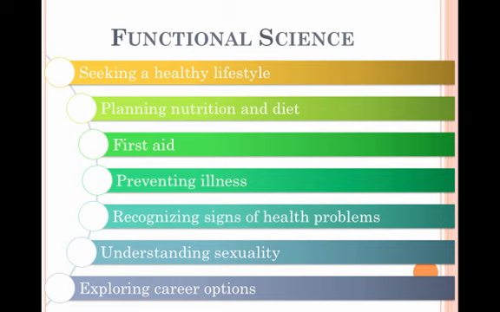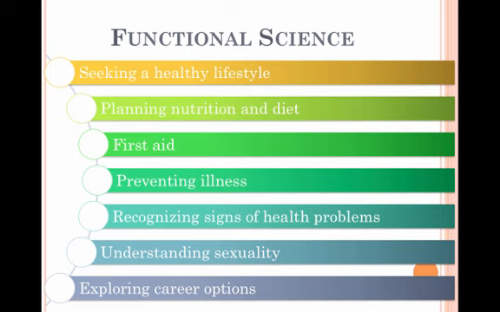Functional science, here's just some suggestions. Seeking a healthy lifestyle, planning nutrition and diet, first aid, preventing illness, recognizing signs of health problems, understanding sexuality, yes, because these children grow up, exploring career options. So typically we think of science as beakers and experiments and those types of things.